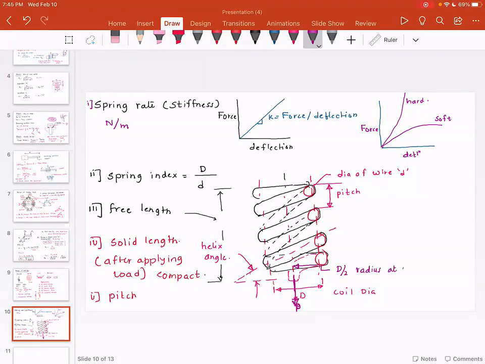This load P is also directly acting on this cross-sectional area, so P is going to give you a direct shear stress, and it's going to give you torsional shear stress.